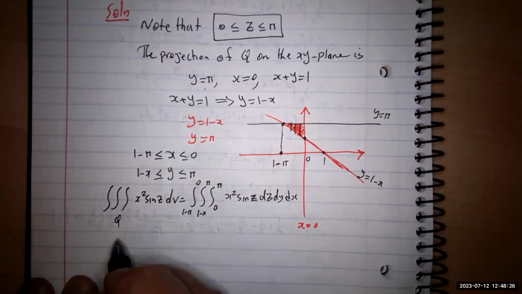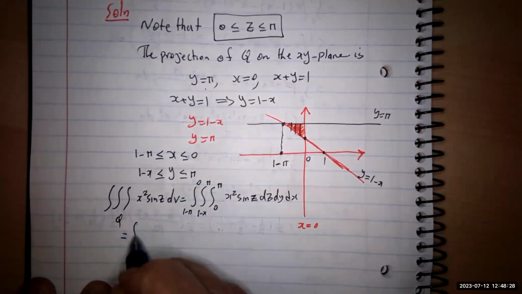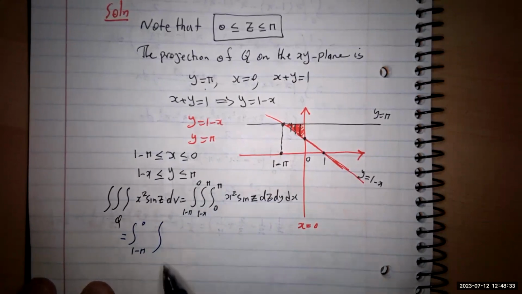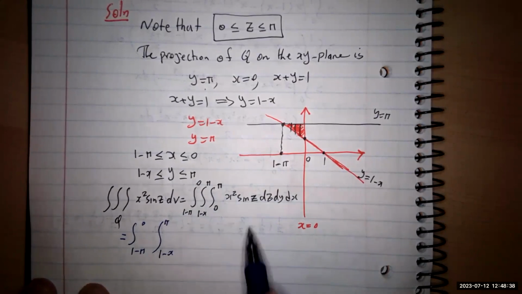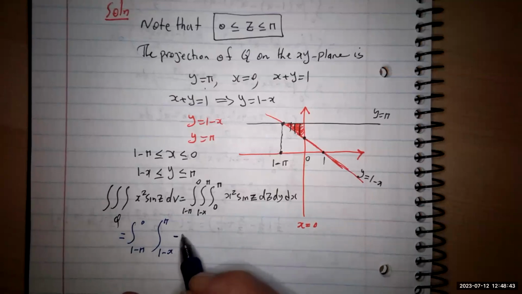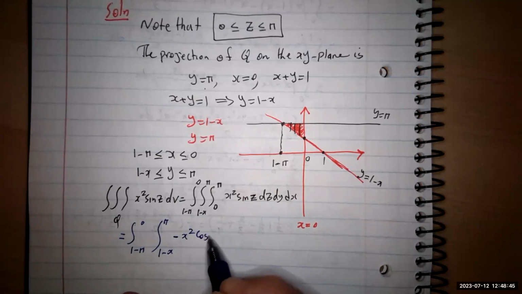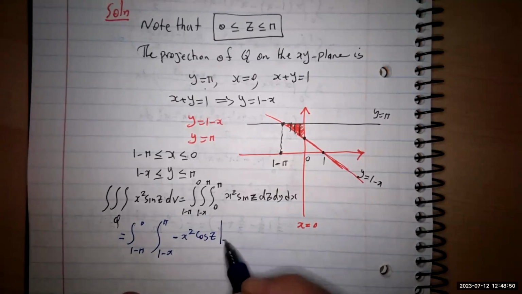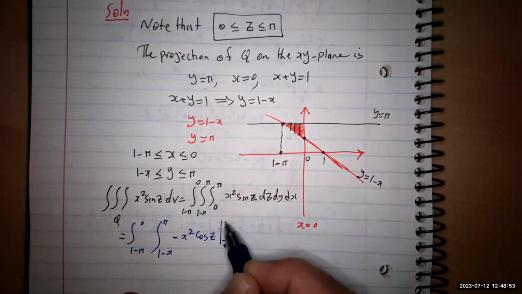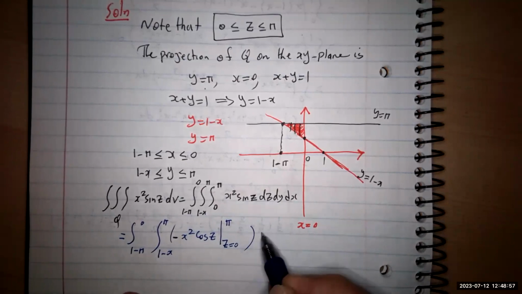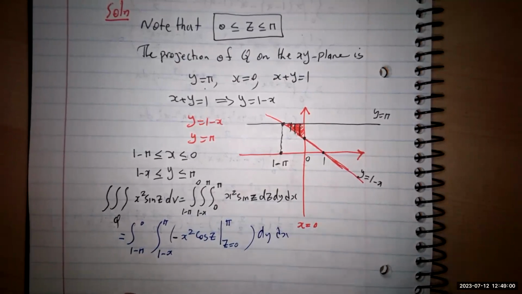If you go with one part of the integration, you have 1 minus pi to 0, you keep this one. Then you have 1 minus x to pi, you keep this one too. So you integrate sine z, which is negative cosine, to give you a negative x squared cosine of z, going from 0 to pi. And when you're done, you come back and you do the y and the x.